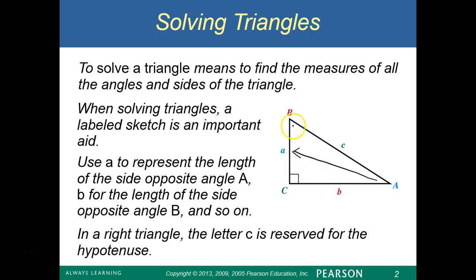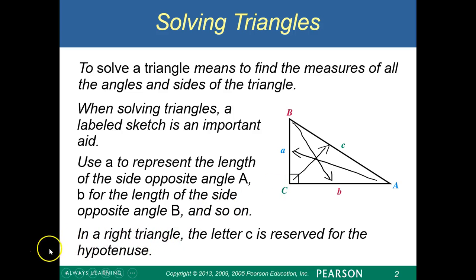And same thing goes with B. Your angle B, the side opposite of that is side B. And then for angle C, that is always your right angle, which opposite of that is always your hypotenuse. So make sure you label and sketch your right triangles appropriately in this manner that I just showed you.